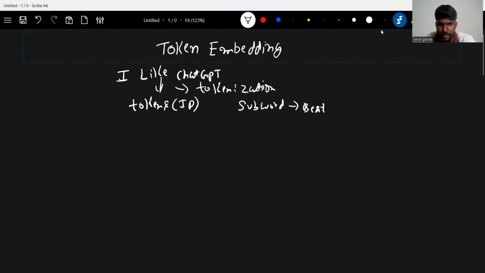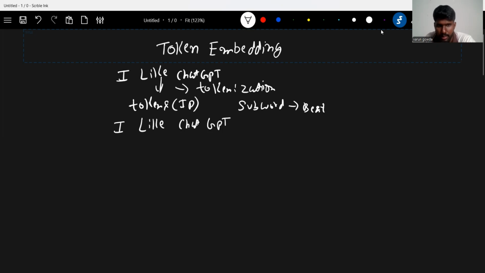"I like ChatGPT" is converted into tokens and their associated token IDs. Let's say "I" is converted into one token, "like" into another token, "chat" into another token, and "GPT" into another token. So three words are converted into four tokens using subword level tokenization.